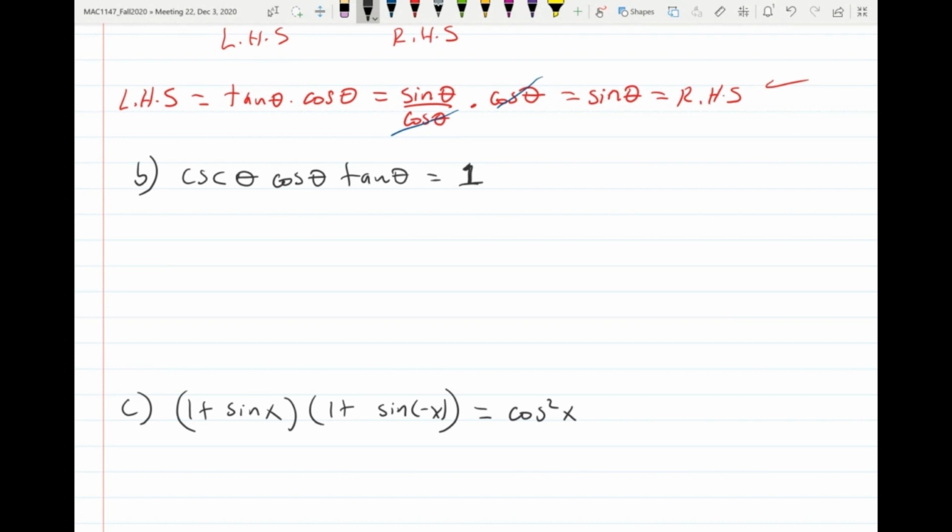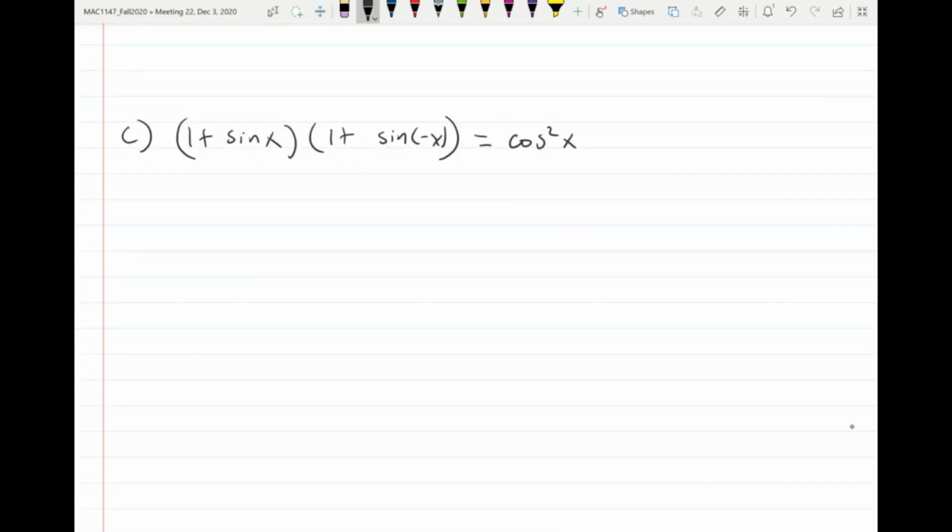And then d: secant squared of x minus 1 over secant squared of x is always sine squared.